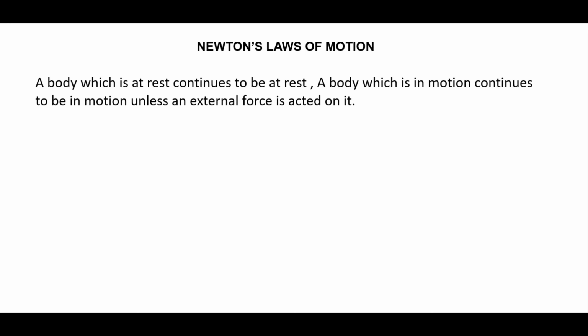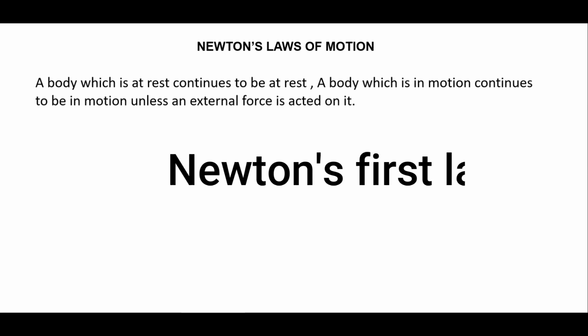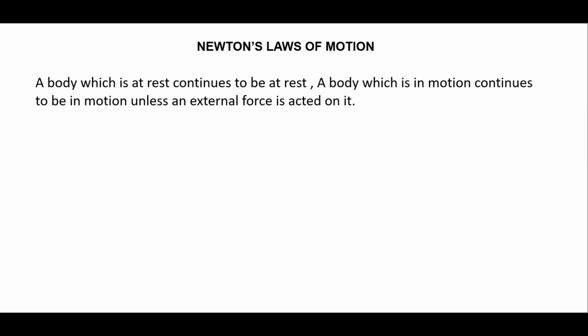The property of a body which is at rest to continue to be at rest, or the property of a body which is in motion to continue in motion, that property is called inertia. The statement which you see right in front of you is the first law of motion given by Newton. So please remember it. We'll continue from here in the next video tutorial.